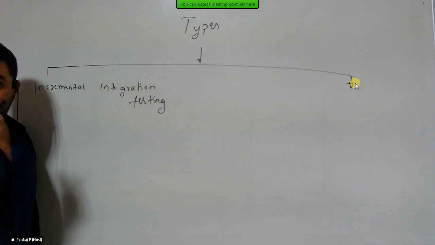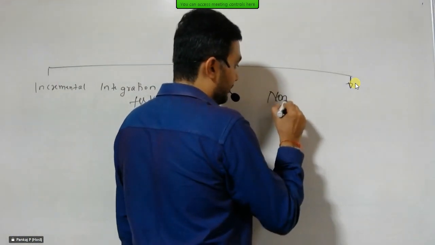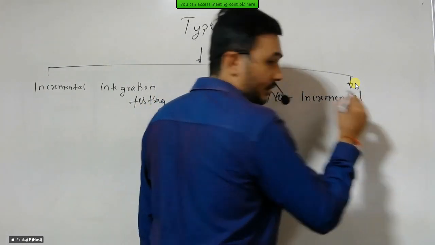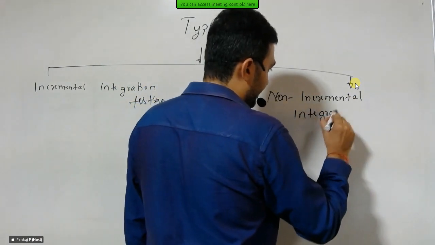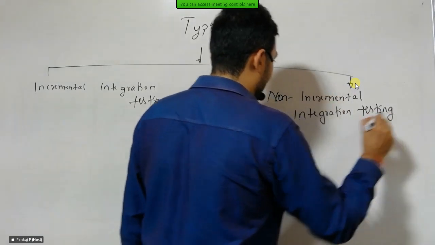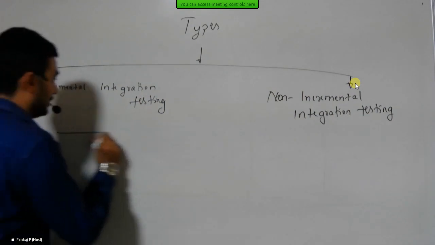Is that clear? The next one is called non-incremental integration testing. Please write this along with me, then I'll explain this in detail.